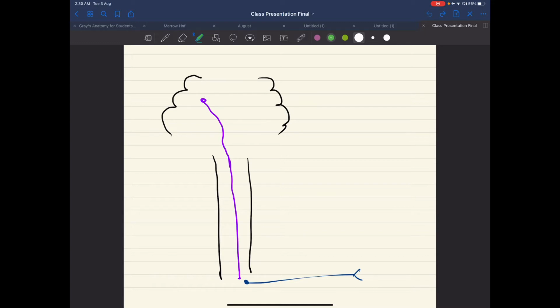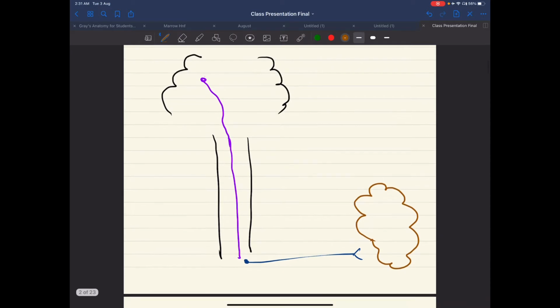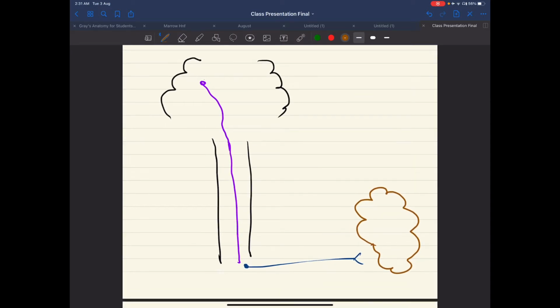So let us see, this is our muscle. What will happen if this is cut? If there is a lesion in the lower motor neuron. So now what happens is that this muscle has lost all its connection from the central nervous system.